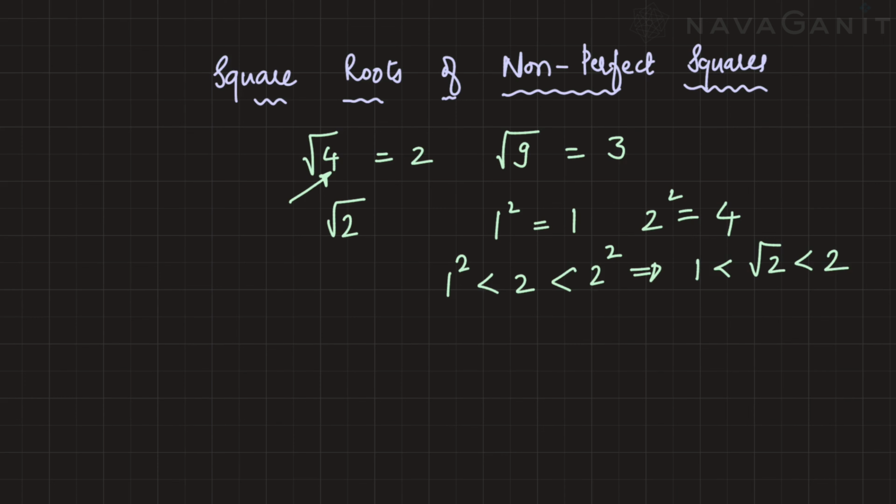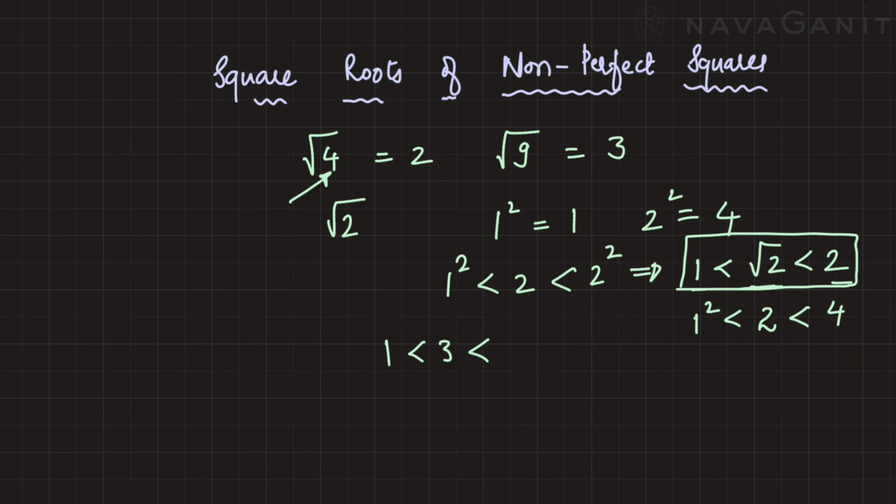So I can say that square root of 2 lies between 1 and 2 because the corresponding squares, 1 squared is less than root 2 squared, which is nothing but 2 itself, less than 2 squared, which is 4. Similarly, 3 lies between 1 squared and 2 squared, so square root of 3 lies between 1 and 2.